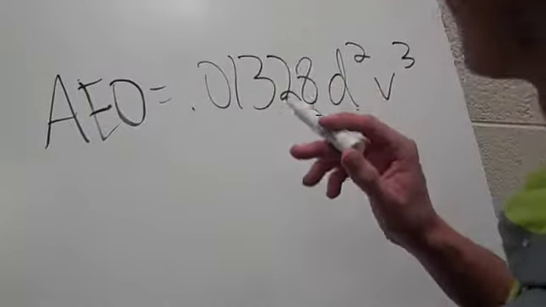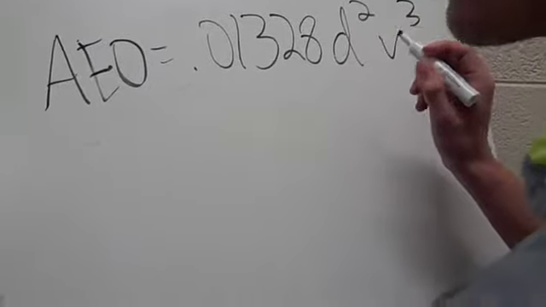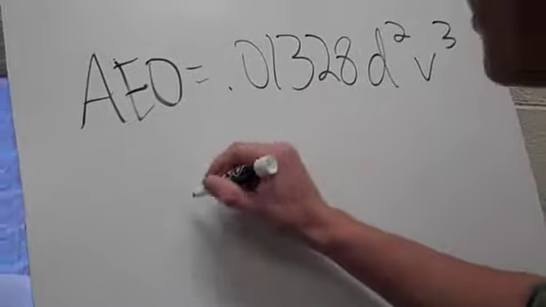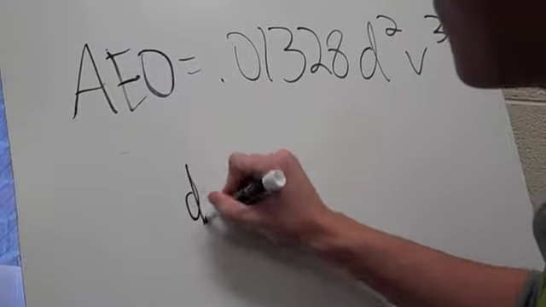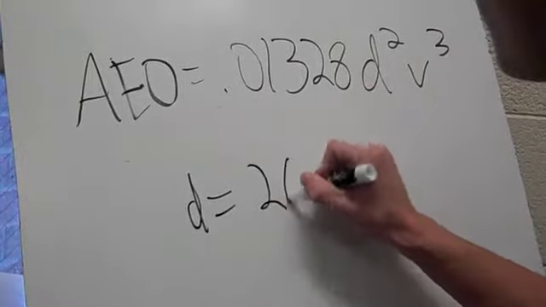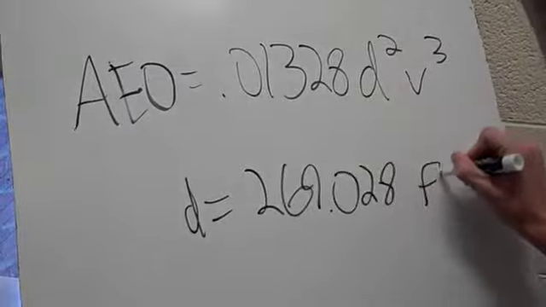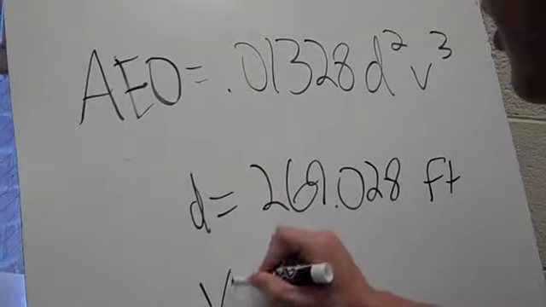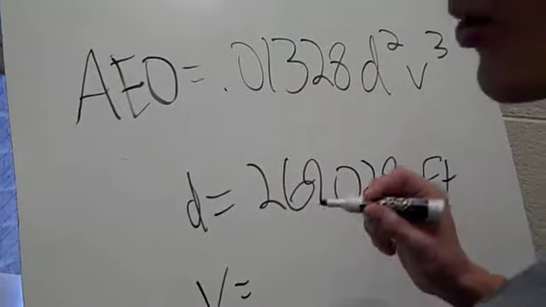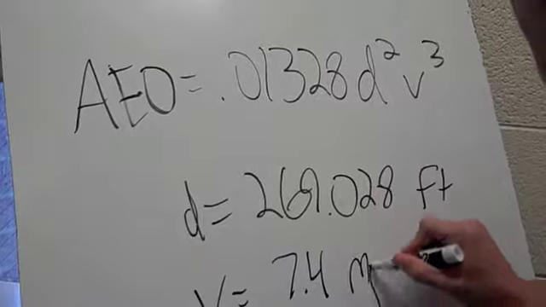We then will plug in the values for our two variables. The rotor diameter of a Vestas V82 wind turbine is d equal to 269.028 feet, and the annual average wind speed for Bloomington, Illinois is 7.4 miles per hour.